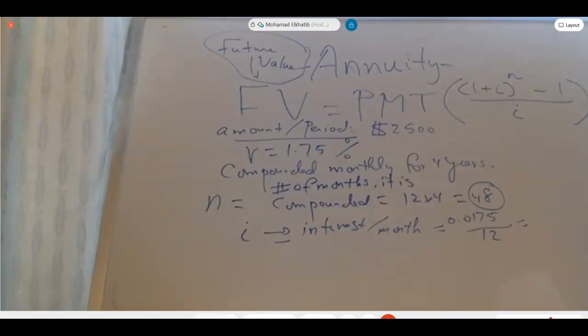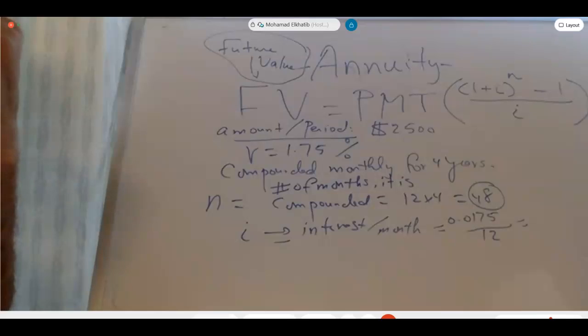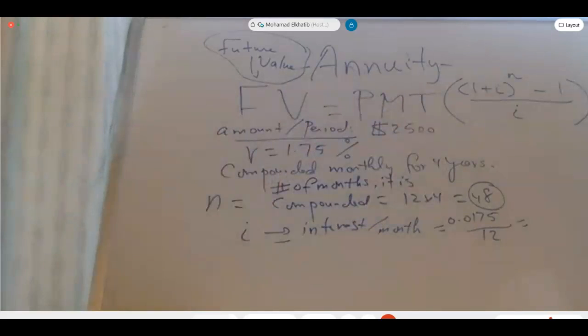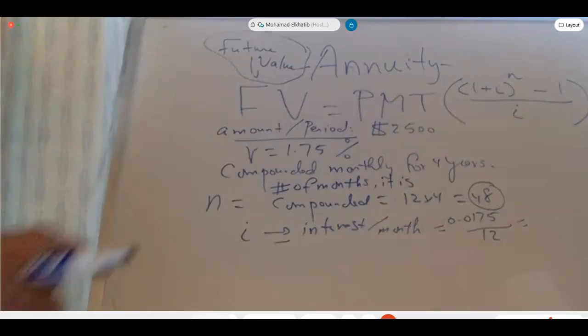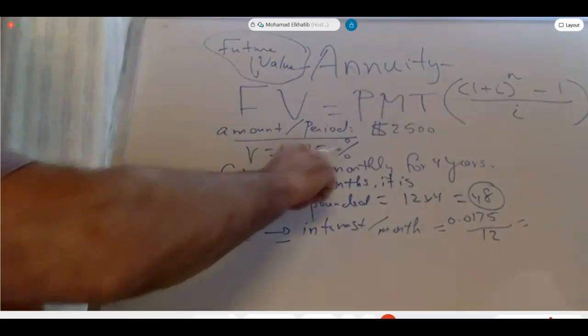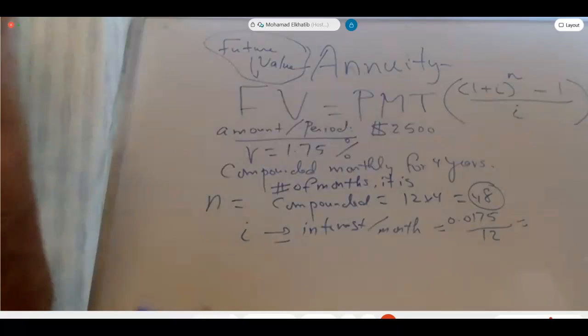One more time, class. There's a difference in how you do annuity versus interest compounded monthly or whatever. When you want to find N, if it's compounded monthly, that's 12. So how many months is it compounded? 4 years. So 12 times 4, it'll be 48. Let's say it's compounded semi-annually, every 6 months.